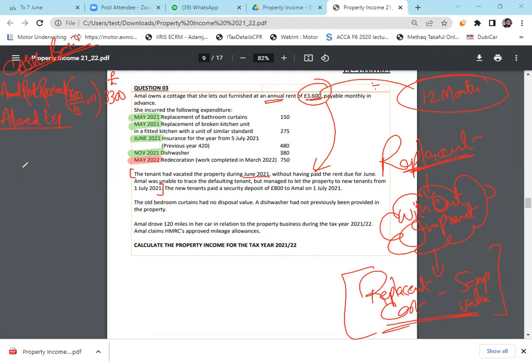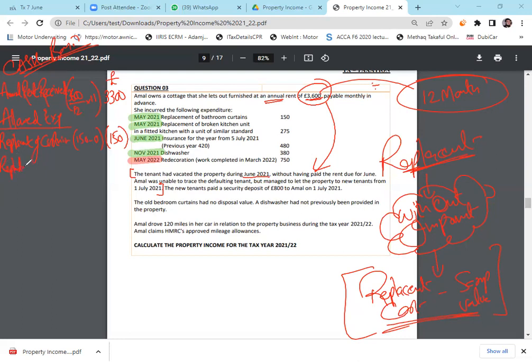Did they write that you replaced it with very nice bathroom curtains with diamonds or something like that? Means it's a general replacement, right? Yes. What is the price? 150. Any scrap value is given? It says it has no disposable value. Means 150. Any questions?